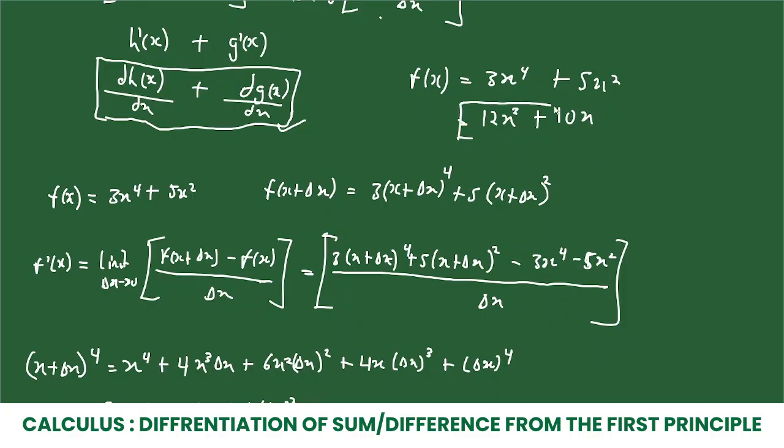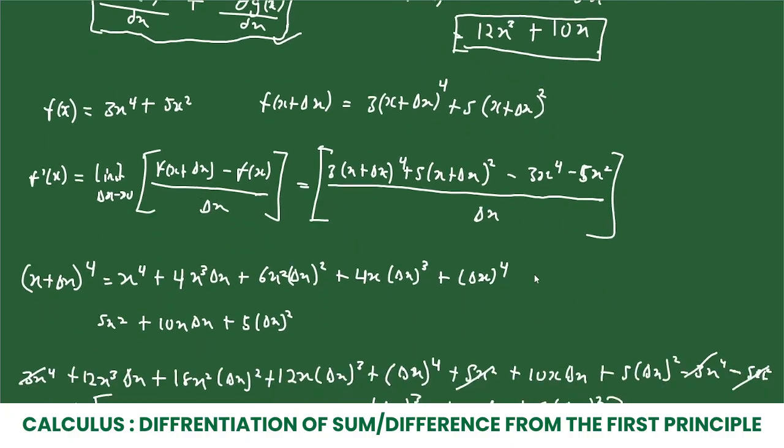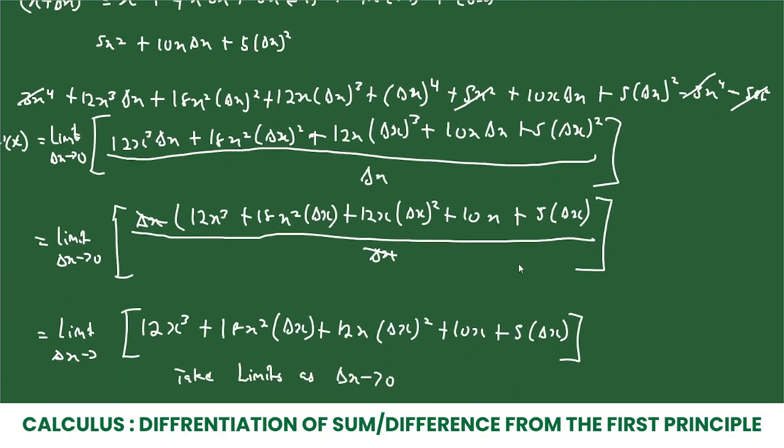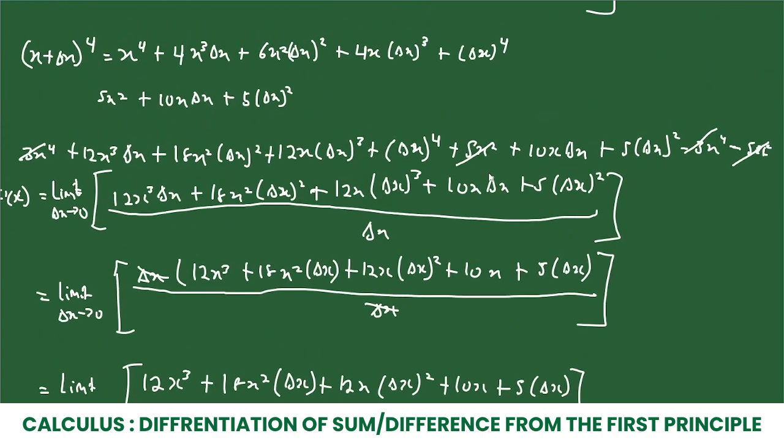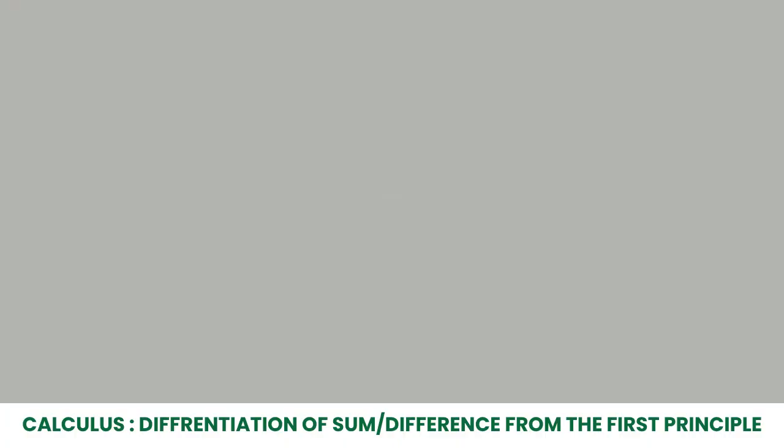So we also had 12x cubed plus 10x. This is the same as the answer we had using the first principle. It means that the first principle is analogous to this, right?